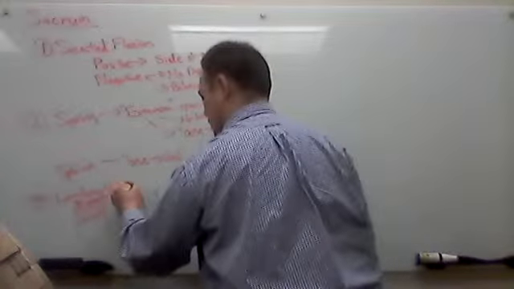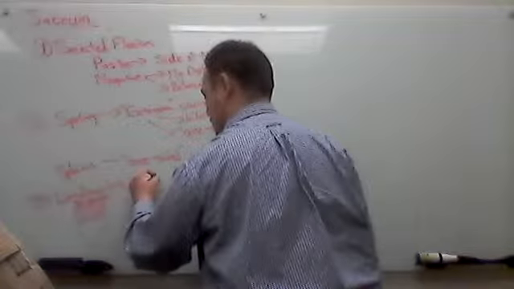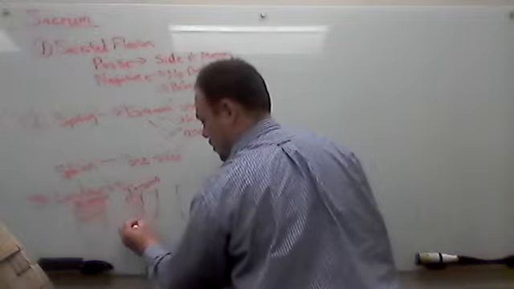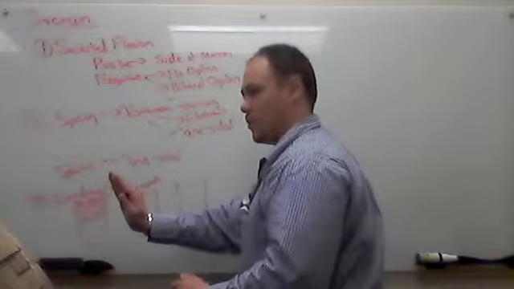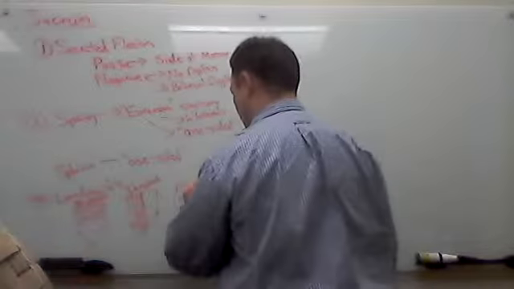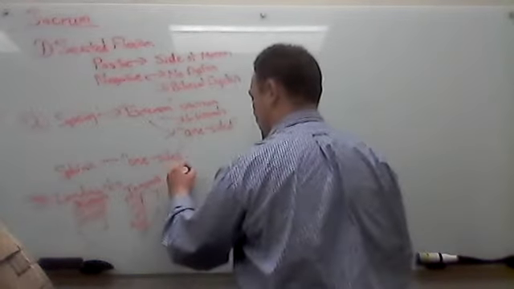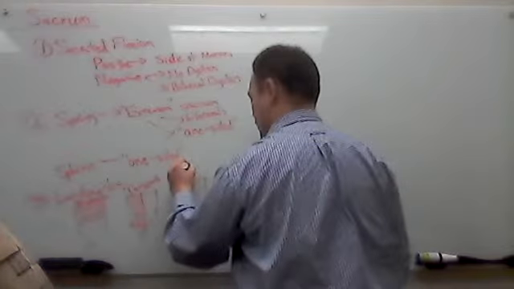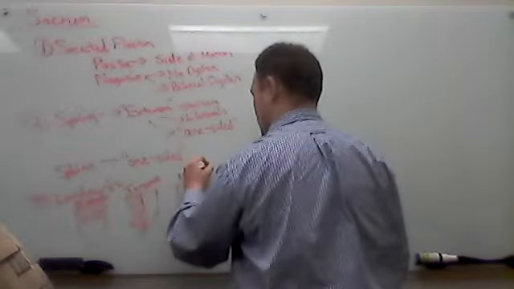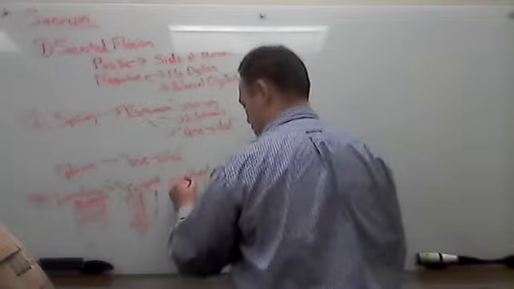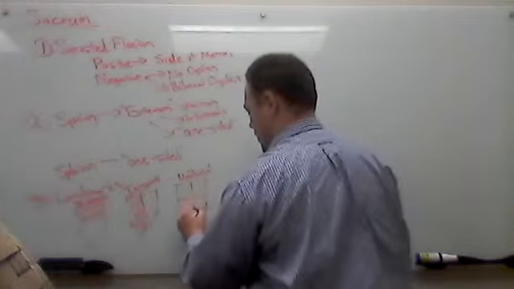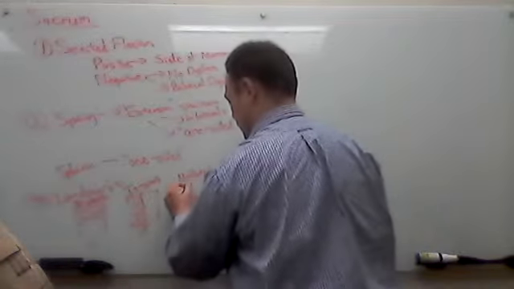You have your torsions, which either the left or the right, both of them are going to be posterior. And then you have your unilateral shears, and they come in as a crisscross pattern.